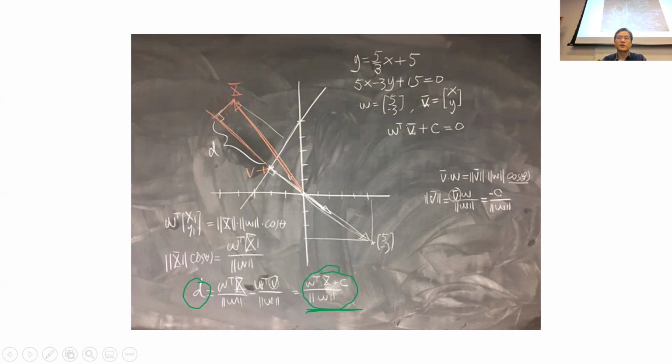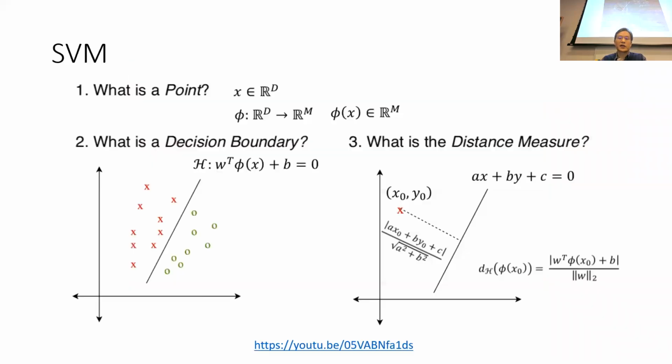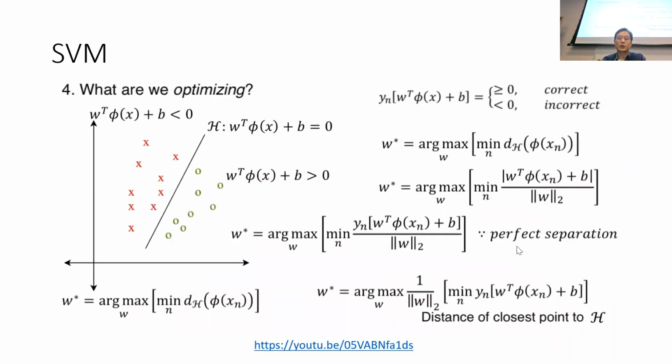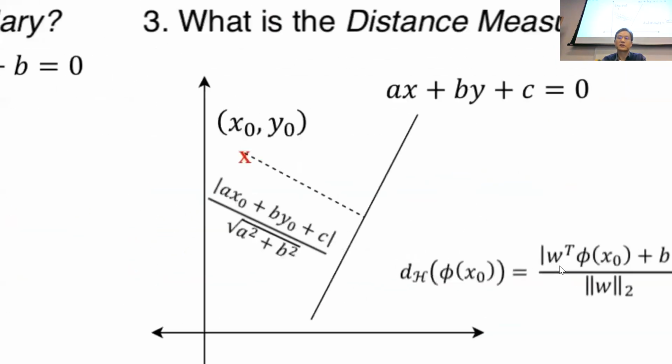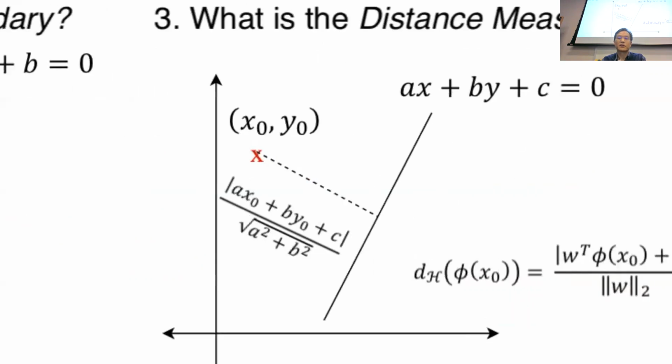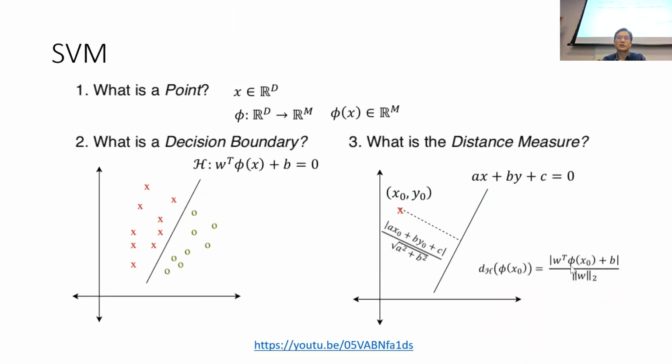Once you know this equation, you will know that the loss function you want to compute to give a maximized level of separation makes sense. Otherwise, if I just say we are going to optimize a value to maximize this, it doesn't mean anything to you. So I'm going to explain why we need to do this.